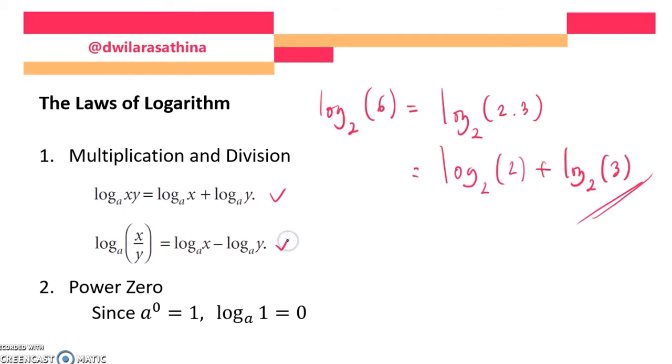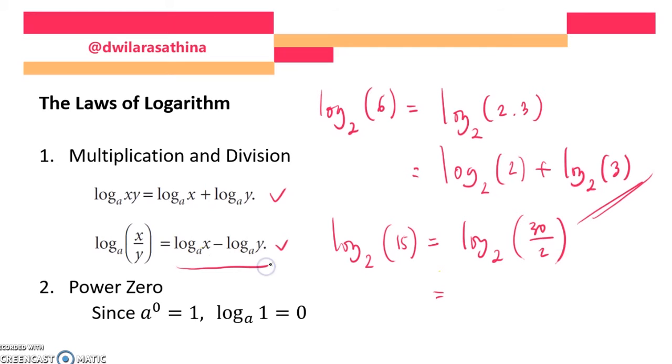And for the division law, if I have log 2 of 15, I can write it as log 2 of 30 divided by 2. Then, in this way, log 2 of 30 minus log 2 of 2, like this.